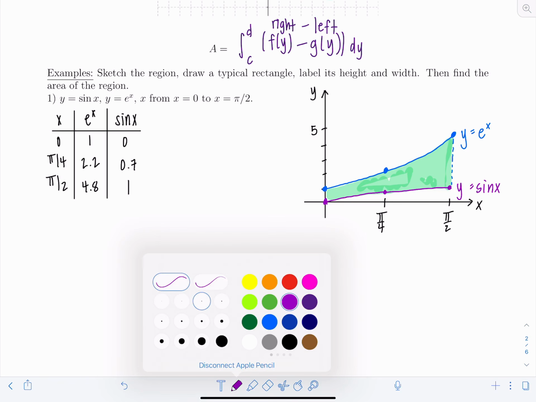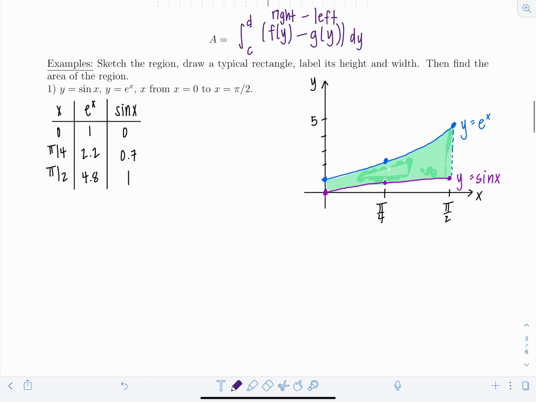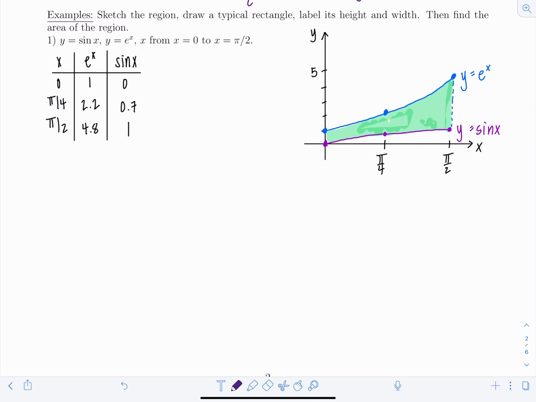Now the problem asks us to draw a typical rectangle and label its height and width. So it would make sense if we were to set up this integral that we would stack our rectangles in the x direction, right? So this is a typical rectangle. You just draw a rectangle somewhere between the two curves to demonstrate how you would begin the process of computing the area between them.